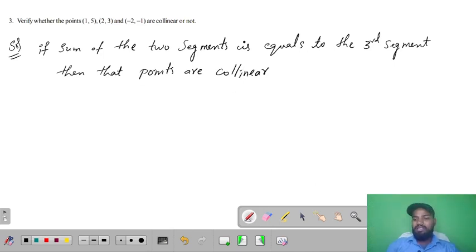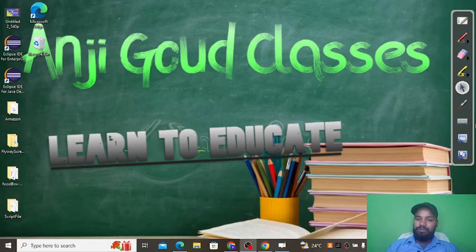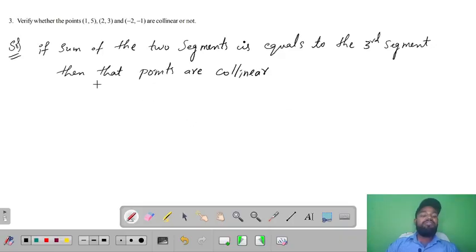Okay, this is the collinear statement. See now, what is the definition for collinear? If the sum of the two segments is equal to the third segment, then the points are said to be collinear.